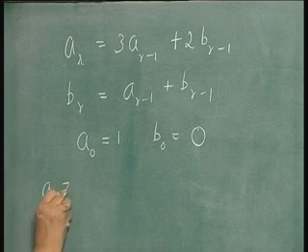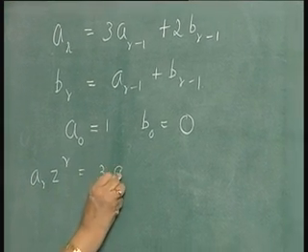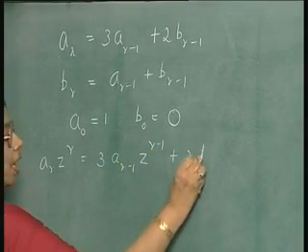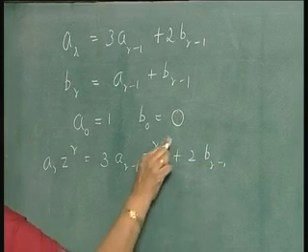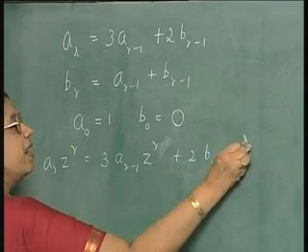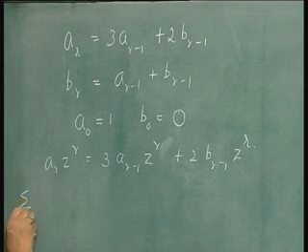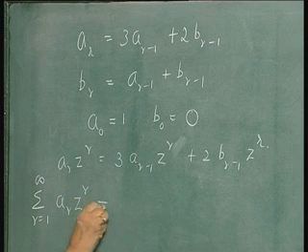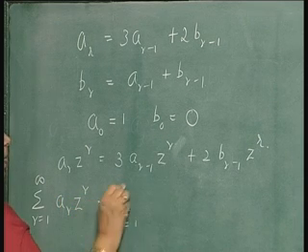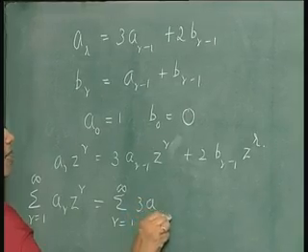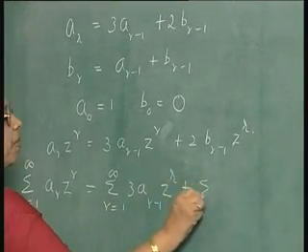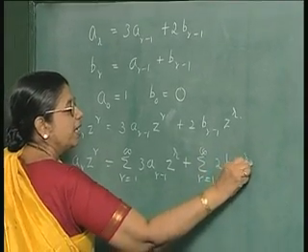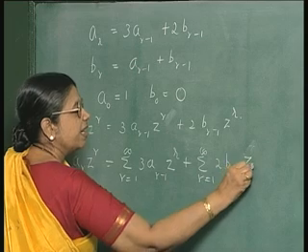So, a_r z^r is equal to 3a_(r-1) z^r plus 2b_(r-1) z^r, and summing from r equal to 1 to infinity, this is sigma a_r z^r equal to sigma r equal to 1 to infinity 3a_(r-1) z^r plus sigma r equal to 1 to infinity 2b_(r-1) z^r.